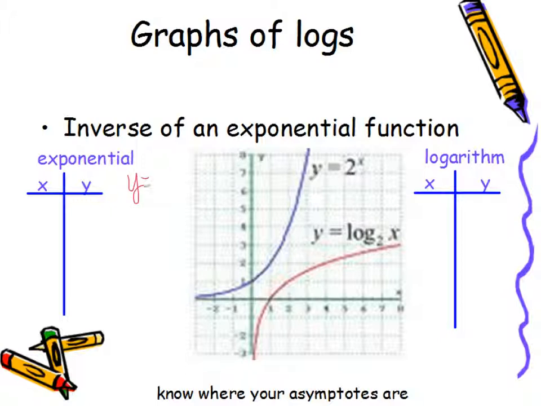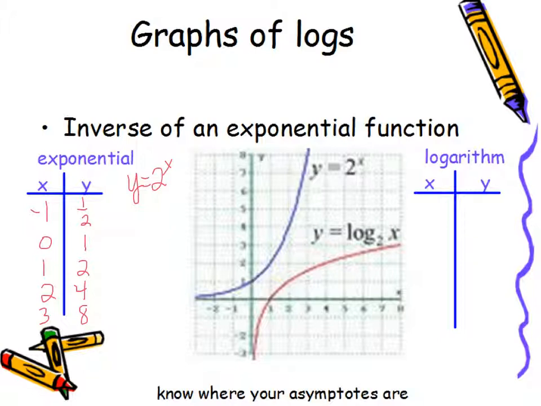The parent graph yesterday was y equals 2 to the x. Let's throw in some ordered pairs. If you have a negative 1 for x, you'd get a 1/2. If you plugged in 0, you'd get 1. 2 to the first power is 2. If I put in a 2, 2 to the second power is 4. Put in a 3 for my x, 2 to the third power is 8.